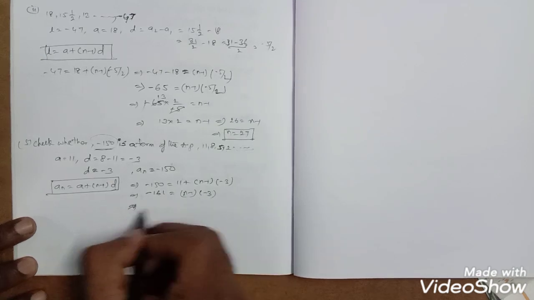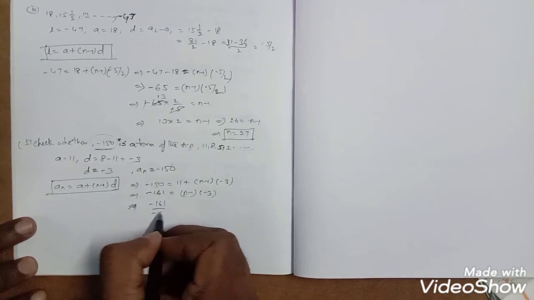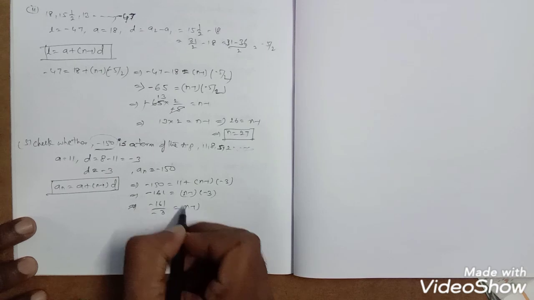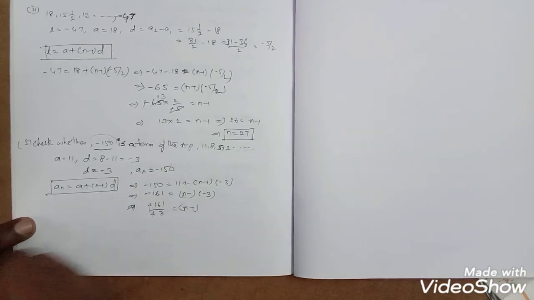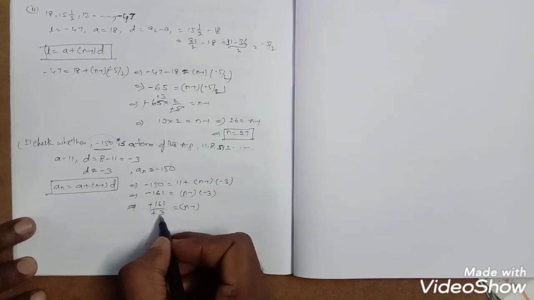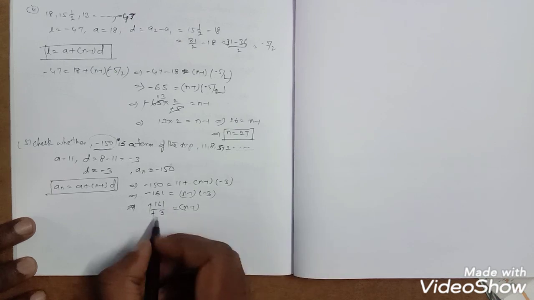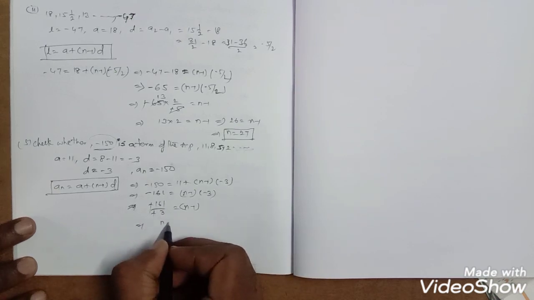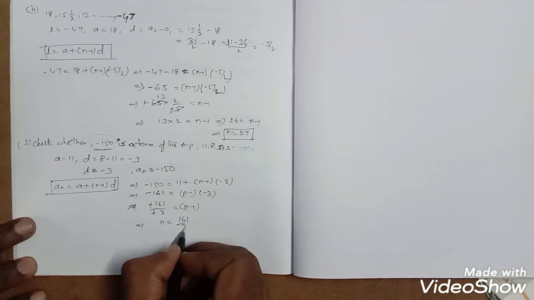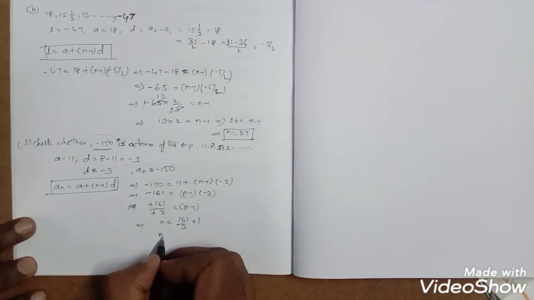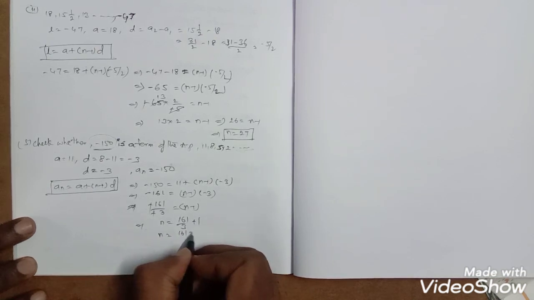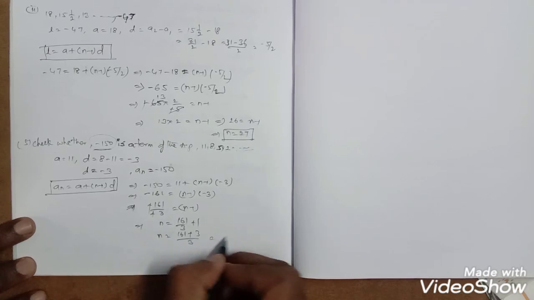Now you divide this: minus 161 divided by minus 3 is equal to n minus 1. Now minus minus cancel. Next, you cannot cancel this 161 by 3. Still you can write n is equal to 161/3 plus 1. So you'll get n equal to (161 plus 3)/3, which is 164/3.